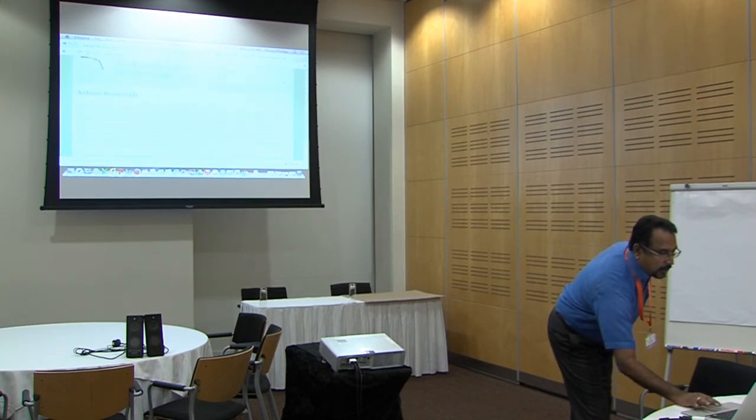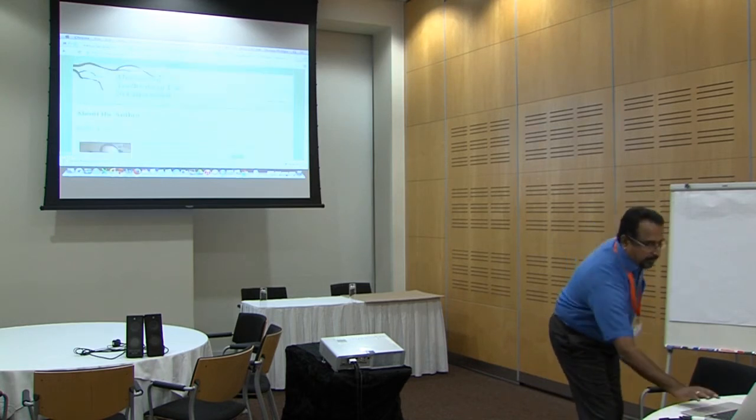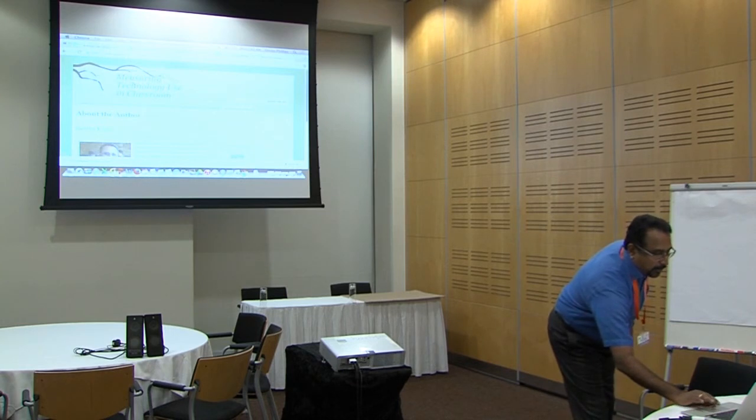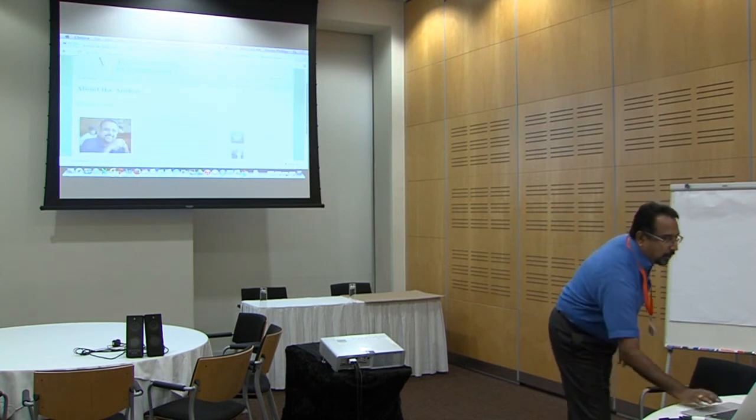All those things are given here, notes. And there's a provision for feedback here, and then people can give feedback. They don't need permission for that. And there's a section about the author, if they want to contact me over email or anything. That's what the idea is.